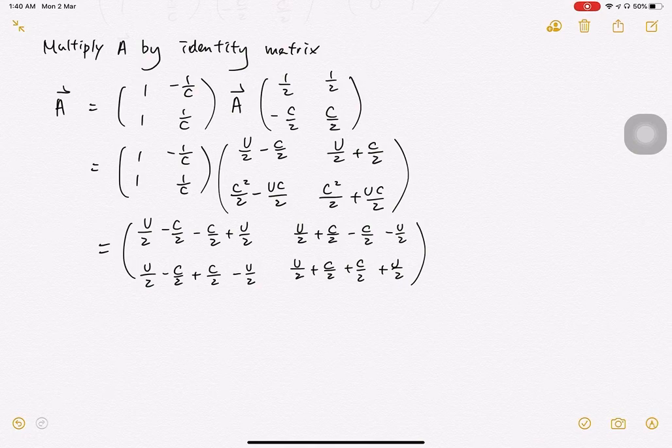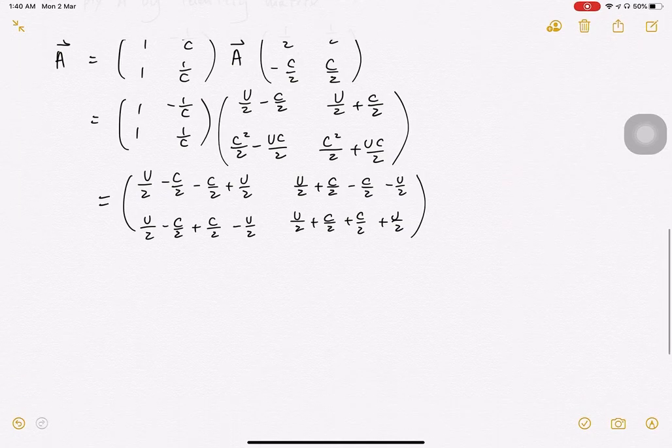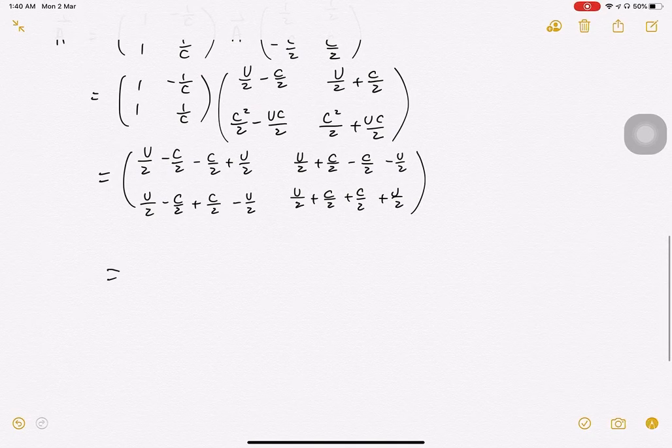Okay, so now we finally have the value. We didn't change the value of the vector or the matrix A. We are just changing its appearance. So we finally have the appearance of this.